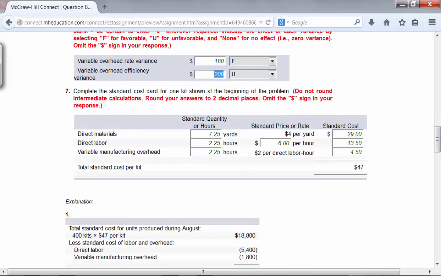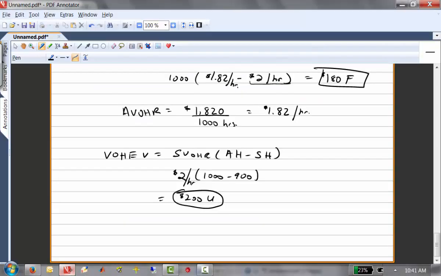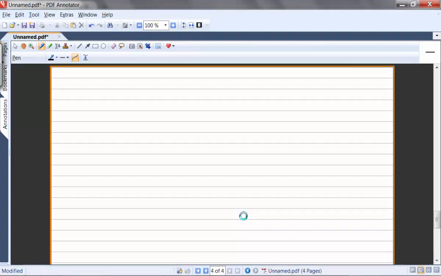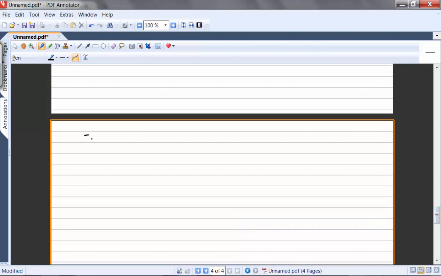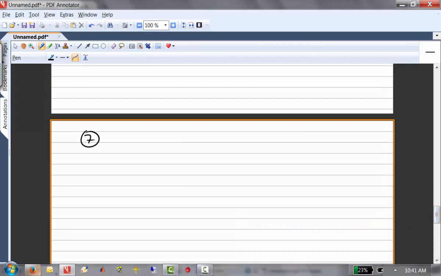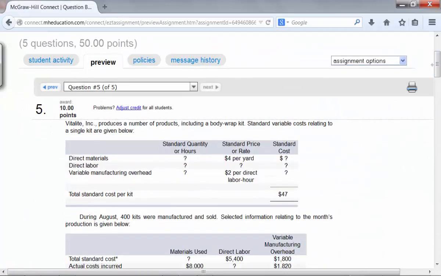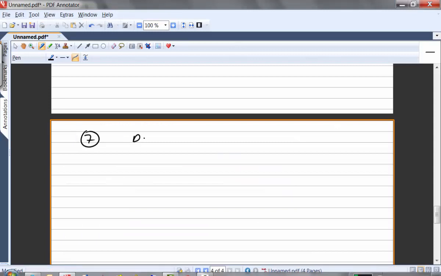And then part 7 just says complete the standard cost card shown at the beginning of the problem. Well, we've already done it actually. So let's just fill in. What does the standard cost card look like? So we have our DM, DL, and variable overhead.